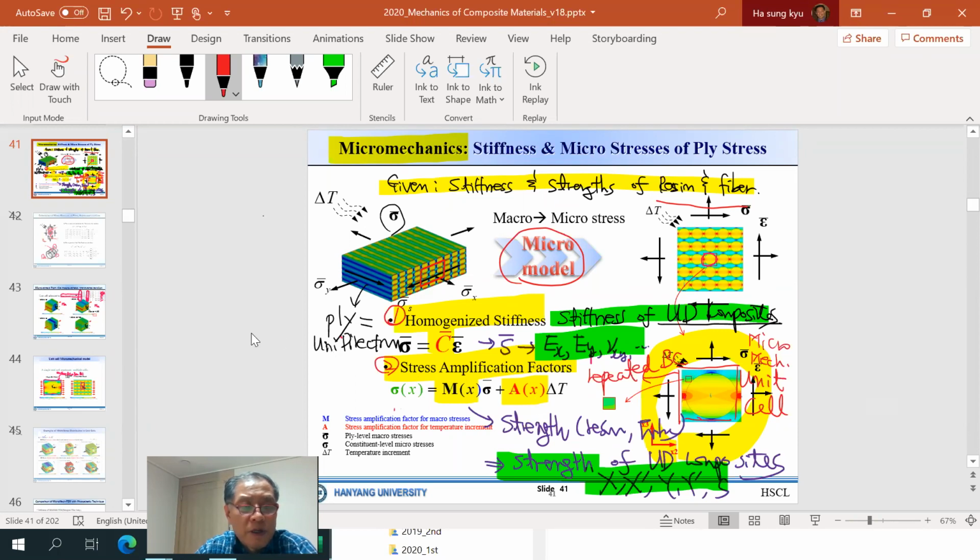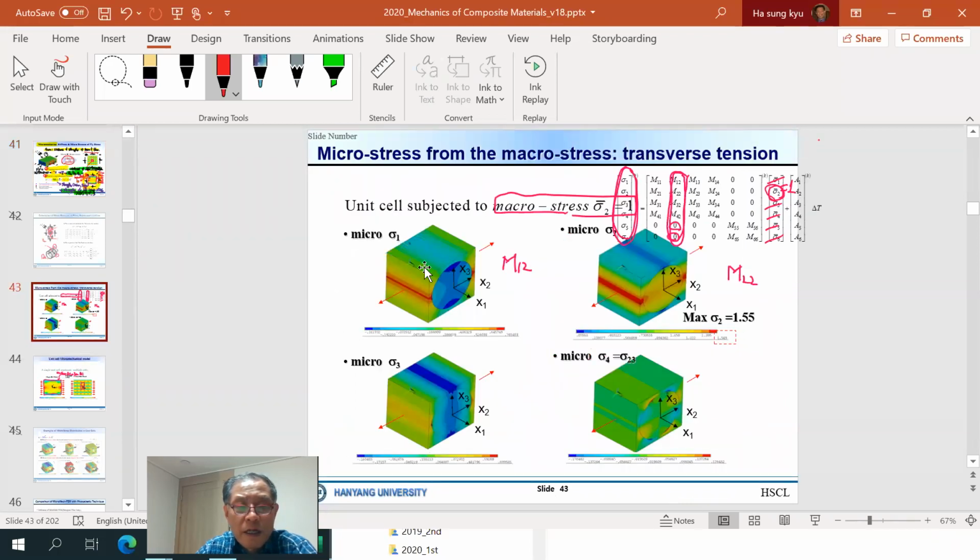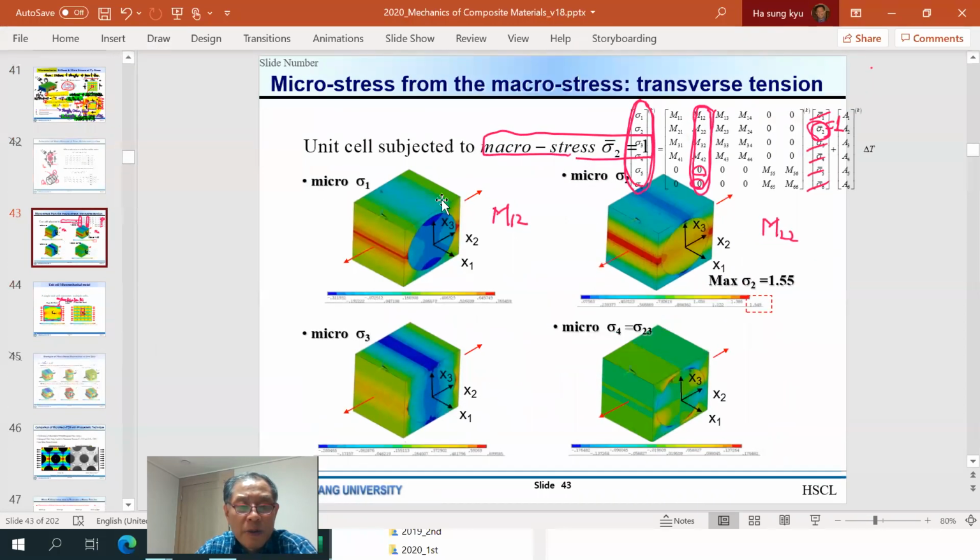So please remember, when you have this unicell to calculate all kinds of material property, you need to apply a proper repeated boundary condition along the boundaries. One example is this model. Well, this again looks like a separated unicell, but this is not separate. This has the repeated boundary condition, which means this is one of the repeated models.